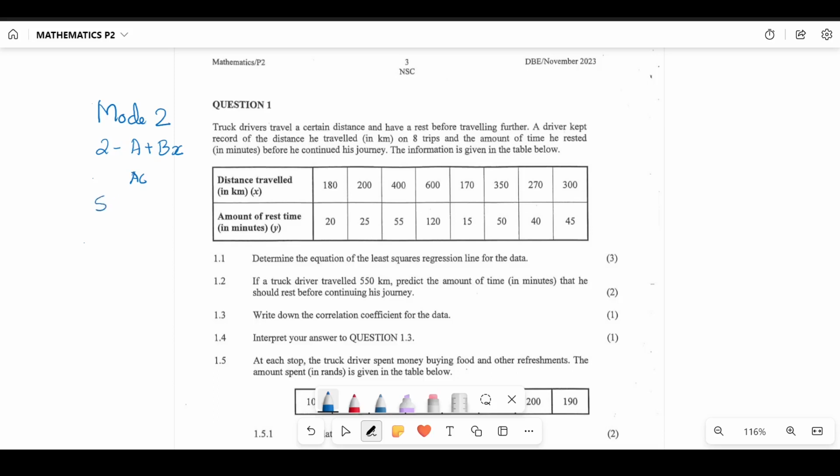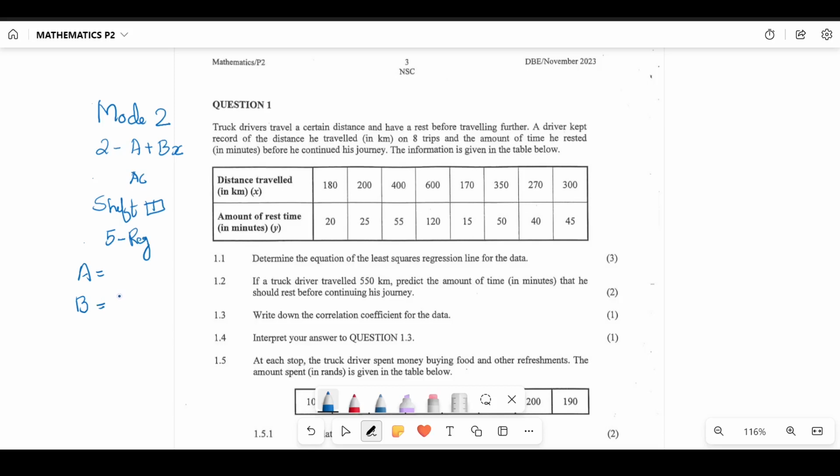Then again go back to shift 1 for statistics. Then you choose 5 for regression. Get the value of a by pressing the number for a, then b.